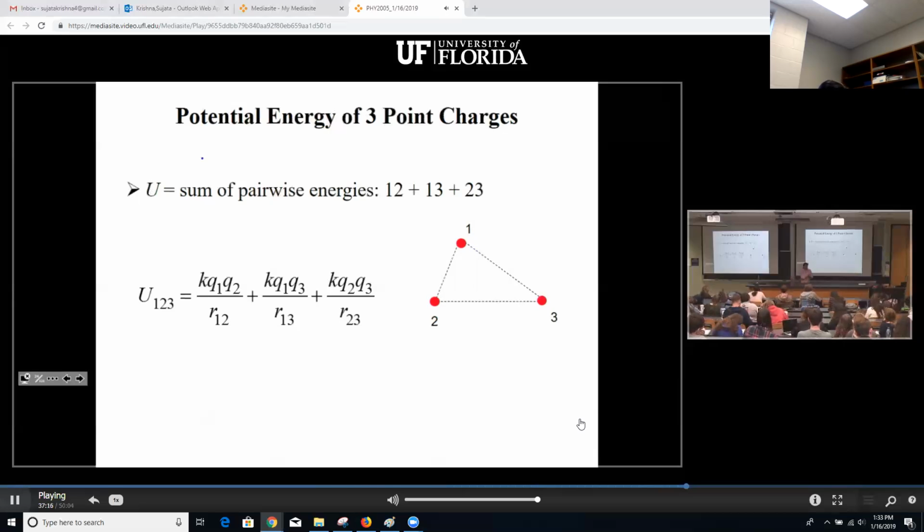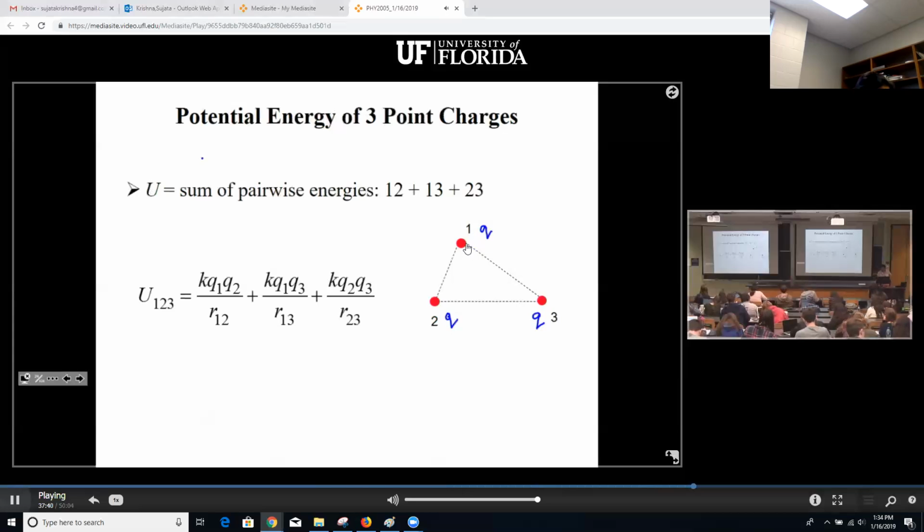The configuration means this particular layout of charges. If I want to change how these charges are, if I want to remove one of them, then I'm going to have to provide enough energy to break this potential energy that's holding them together. So what is the potential energy here?